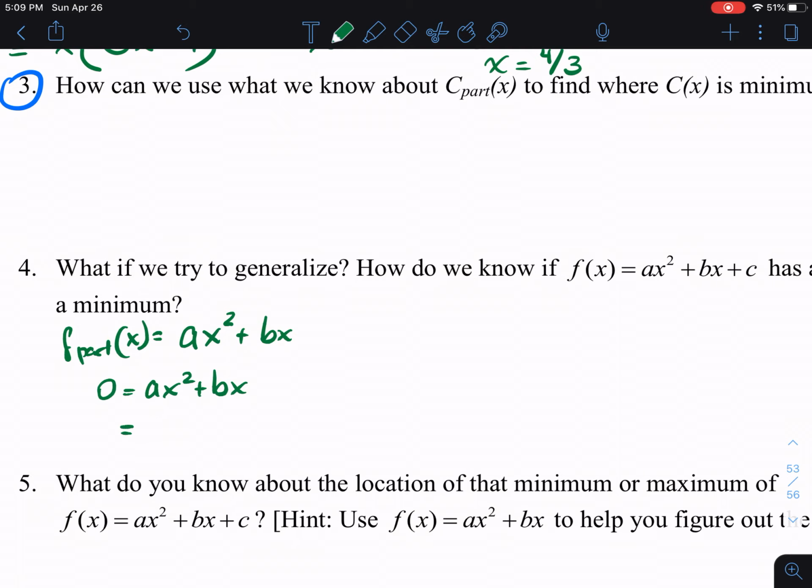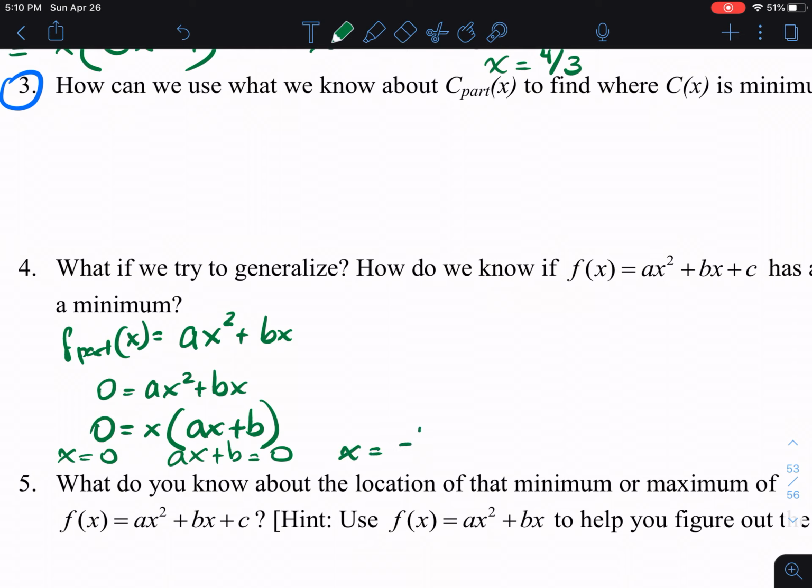We could use our algeblocks to factor it, with x being the vertical factor and ax plus b being the horizontal factor. We know that x equals 0 is certainly a place where we're going to cross the x-axis, and ax plus b equals 0 is going to be another place.